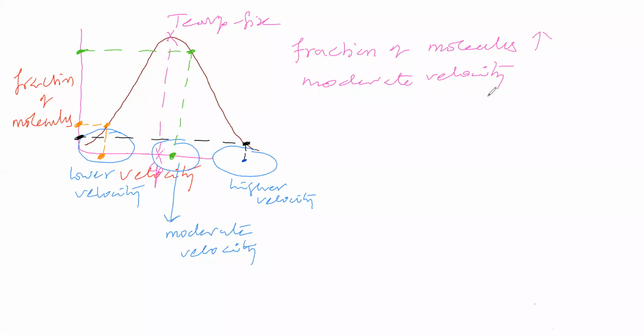Now you say, the fraction of molecules is high at moderate velocity, so does Cp fall in moderate velocity, or lower velocity, or higher velocity? You are saying Cp falls in moderate velocity.